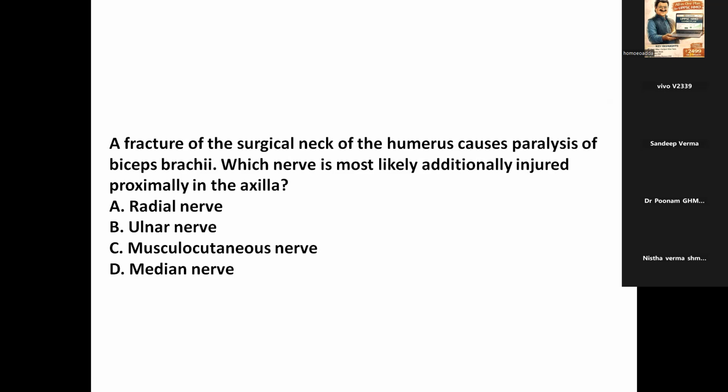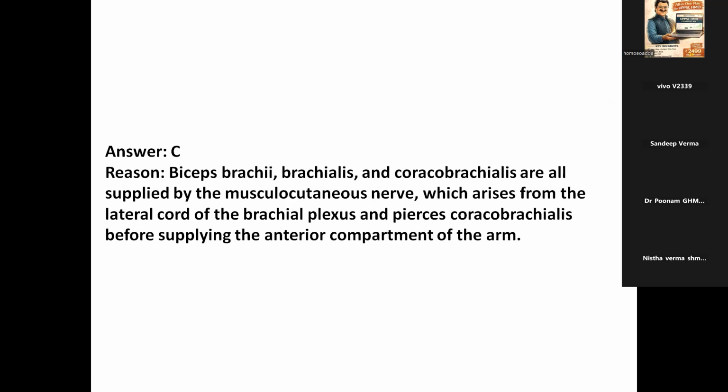A fracture of the surgical neck of the humerus causes paralysis of biceps brachii. Which nerve is most likely additionally injured proximally in the axilla? The musculocutaneous nerve passes very close to the biceps brachii. So the answer is musculocutaneous nerve.